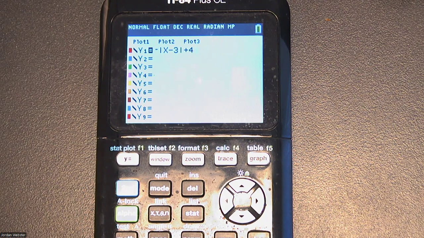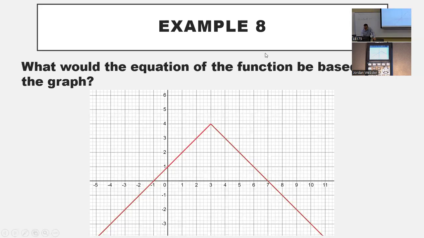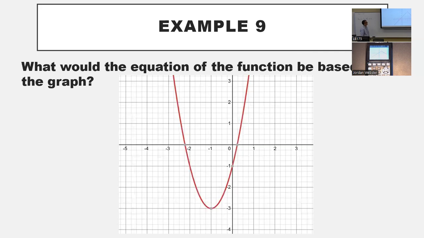I wrote f of x equals, but you could have y equals negative absolute value of x minus 3, plus 4, and then graph that and see that you get the exact same thing on the graph. Okay. Is that all right? Good. So you can always confirm by graphing when in doubt. That's what you should do.